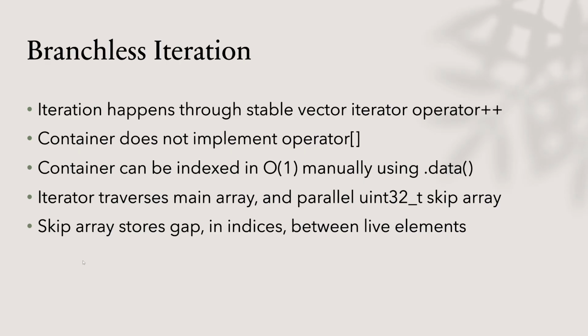Anyways, the skip array is going to store the gap in indices between live elements. So if element 0 is live and element 10 is live, then there is going to be in the skip array a 9 to tell you to jump ahead 9 if all those elements in between are erased.